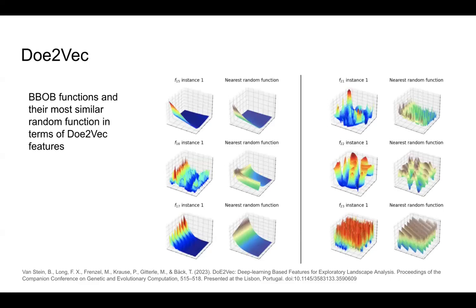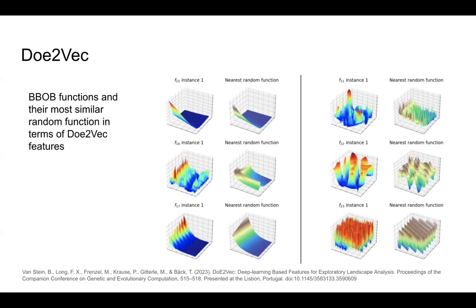So in this case, what they're doing is they're taking a function from the BBOB benchmark, and then they're finding the most similar function to it that can be generated with a random function generator. So for example, based on the representations produced by the autoencoder, they were able to find a function that is similar to it, that is generated by the random function generator.